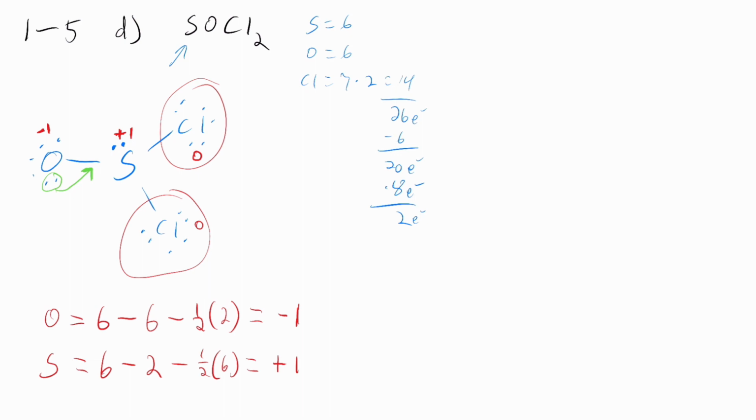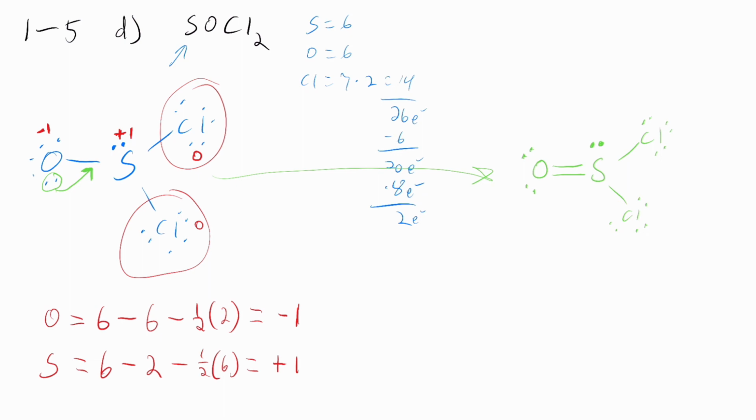Oxygen will now have, instead of 6 unbonded electrons, just 4 unbonded electrons. Sulfur still has a lone pair on it, and chlorine over here will have its 6 lone-pair electrons. So you see, formal charge does not change for chlorine.